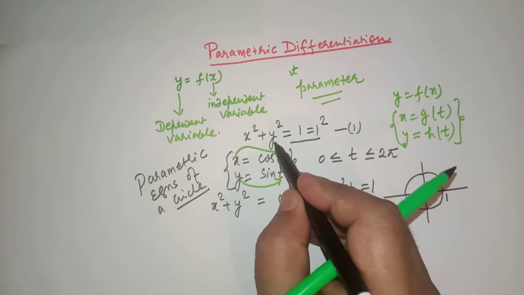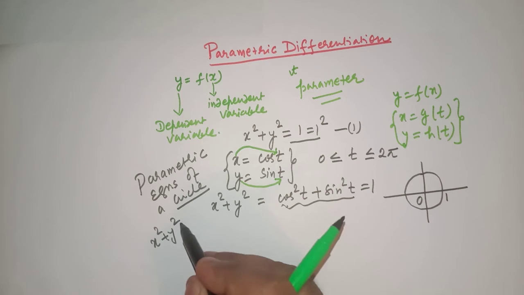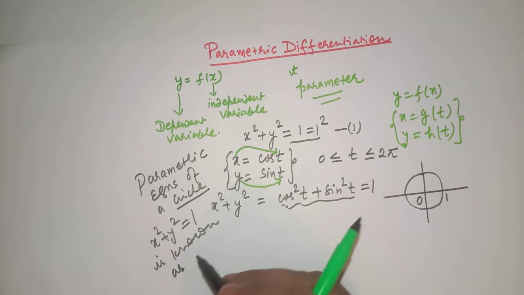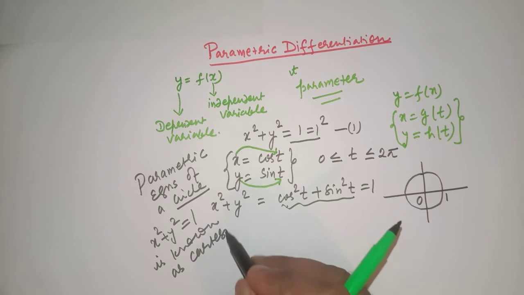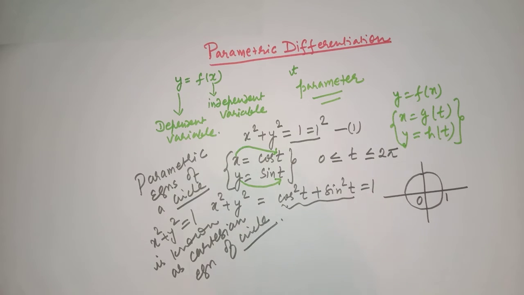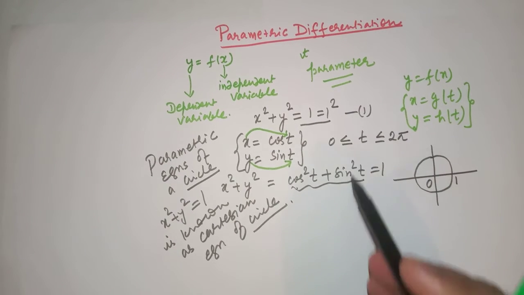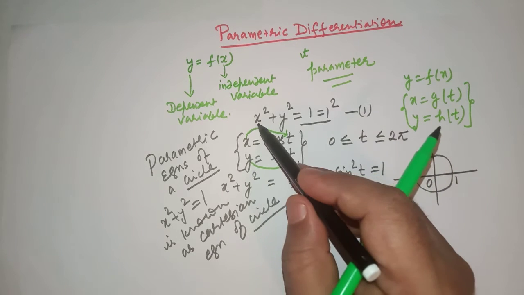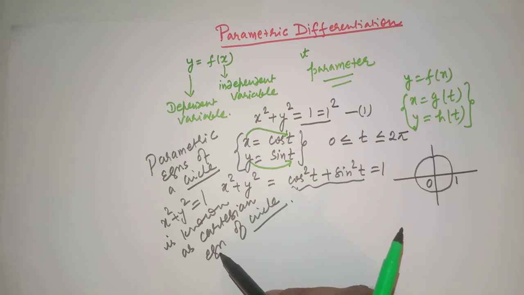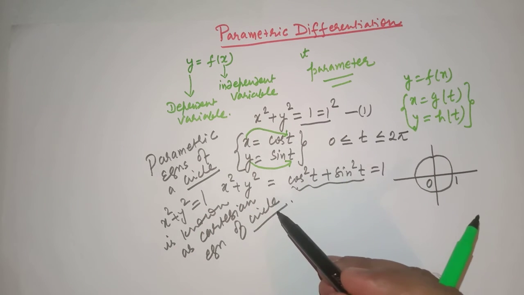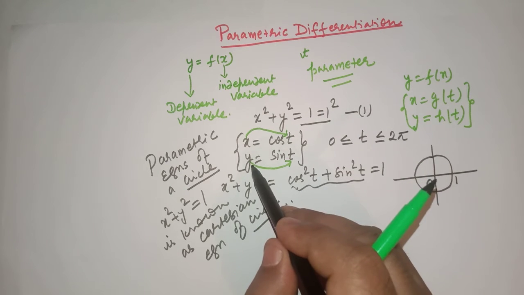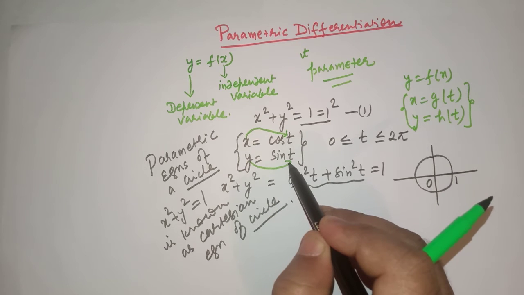And this equation, that is x square plus y square equal to 1, is known as the Cartesian equation of the circle. Clear? So in the Cartesian equation, the variables x and y are involved, while in parametric equations x is expressed as a function of t, and similarly y is a function of t.